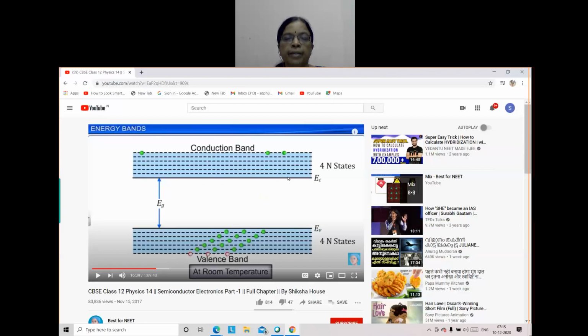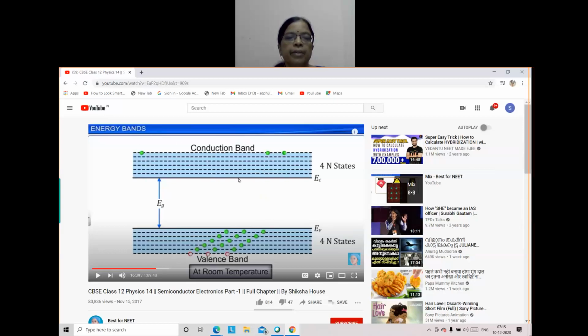So less than 1.1 eV is enough in a semiconductor. Even at room temperature, the bond breaks and the electrons will jump from valence band to conduction band.